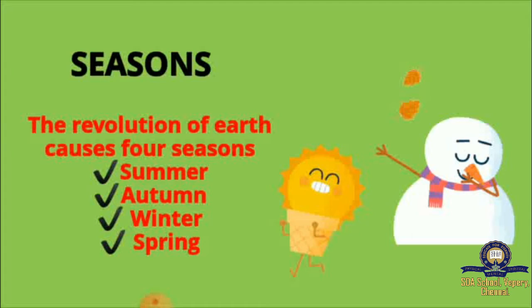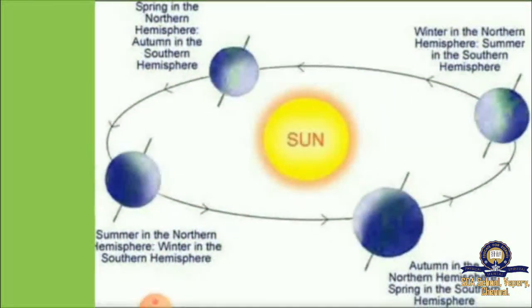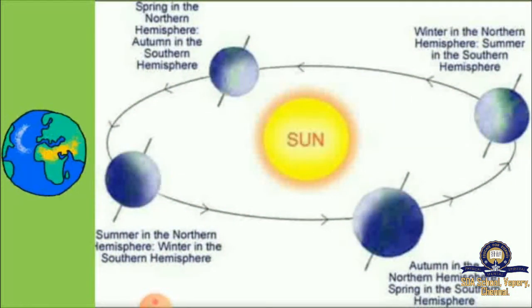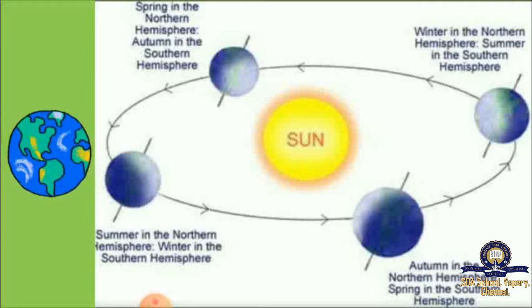Now we are going to learn about revolution of earth and changes of season in detail. Can you see the picture? The sun is located at the middle. Around the sun, it has 4 earths, that is 4 seasons.